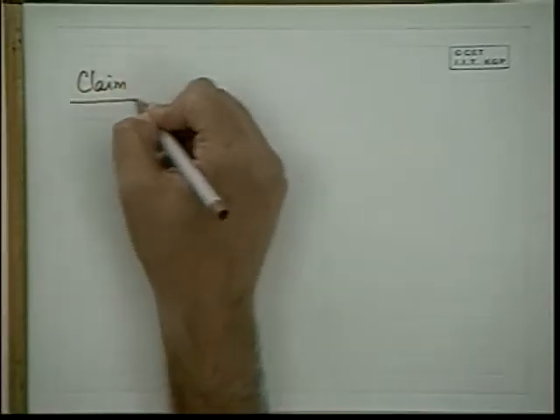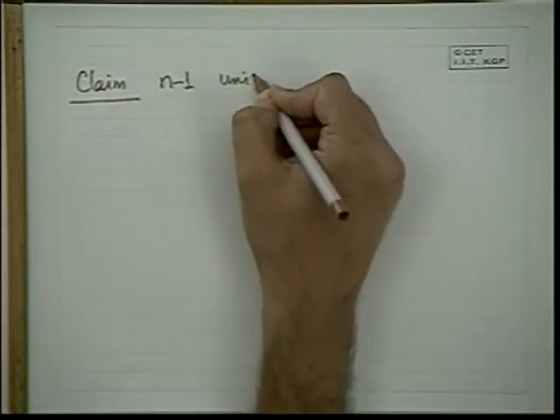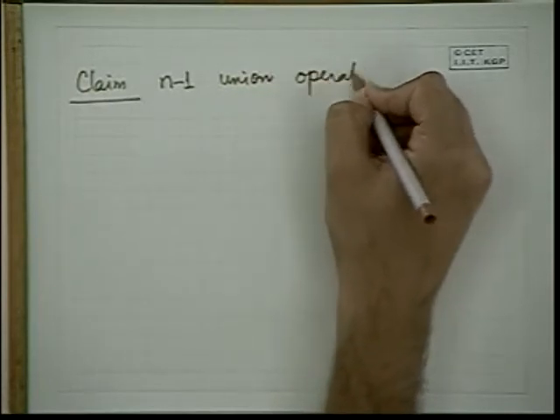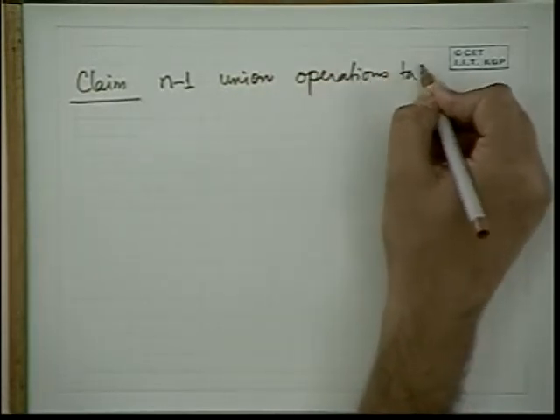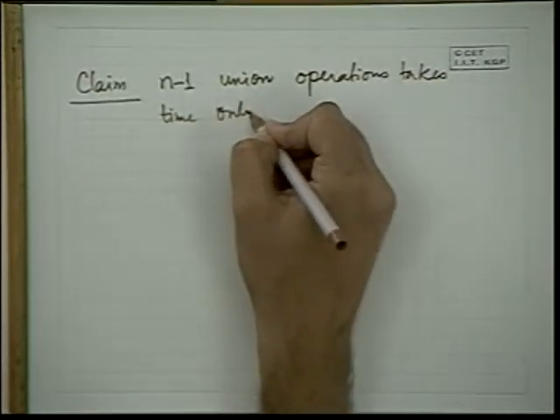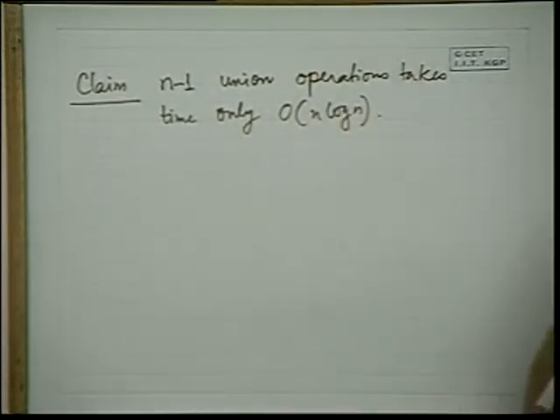So that is the claim now. Suppose you do n minus 1 union or n union operations, it does not matter. n minus 1 union operations take time only order n log n. See, if each union operation takes order n time, then n minus 1 operations, if we calculate by that rule, should be order of n square.